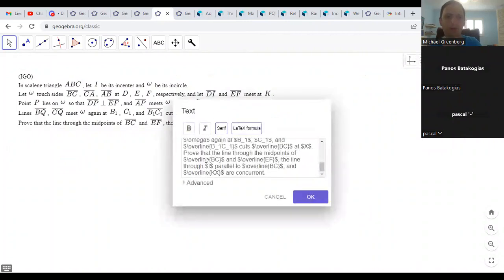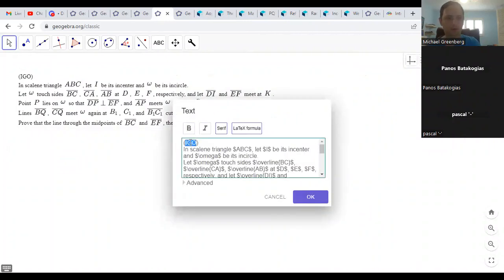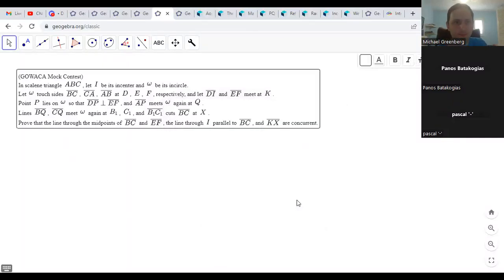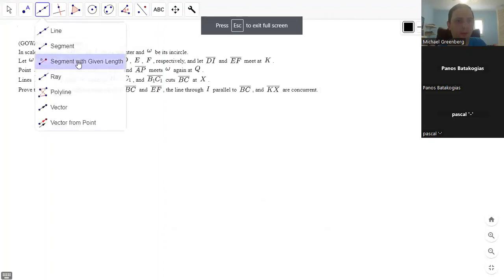Okay, so we have a triangle ABC and we draw the incircle.